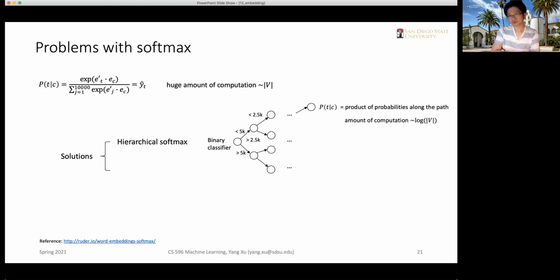Which is a significant amount of time saved.